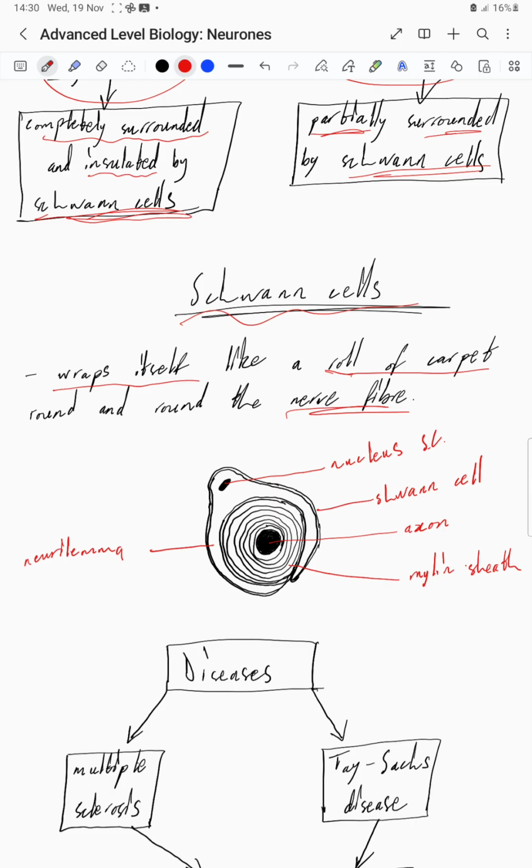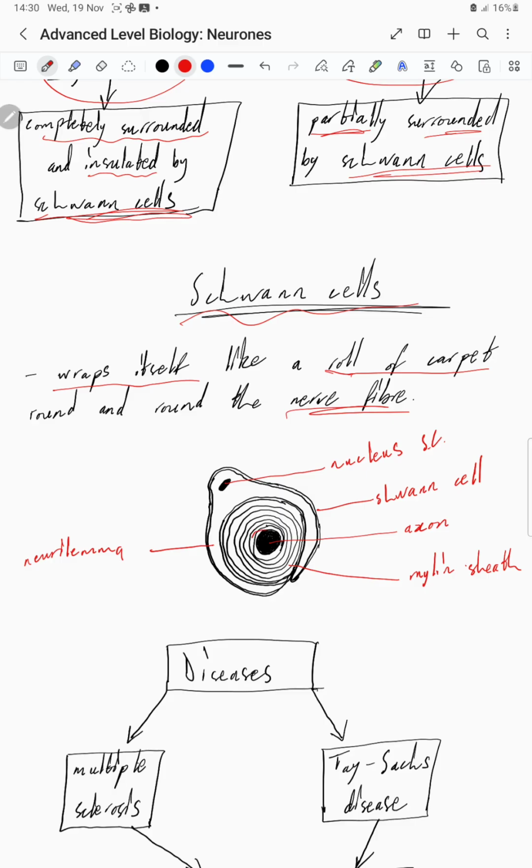This Schwann cell surrounds the axon or the dendron, as displayed in the diagram.